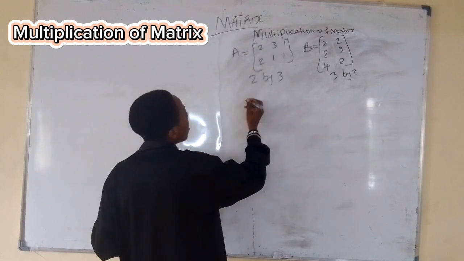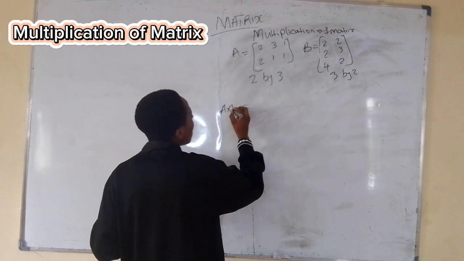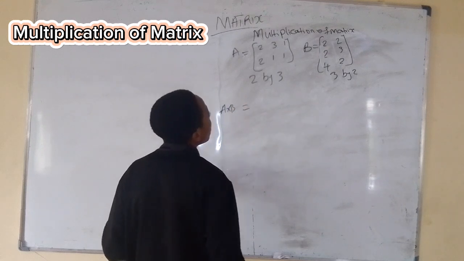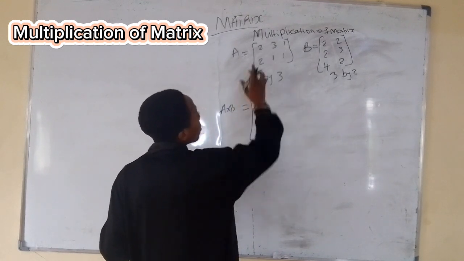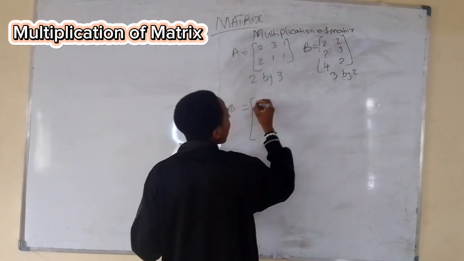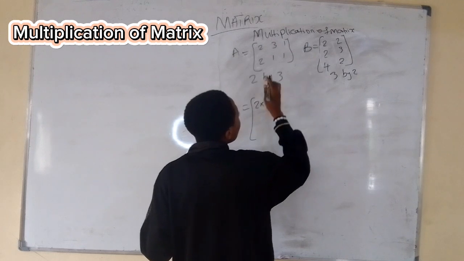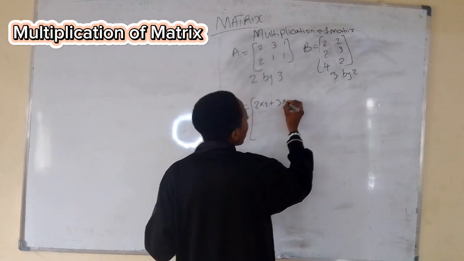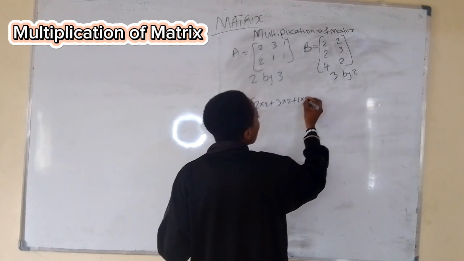So A times B will be equal to 2 times 2 plus 3 times 2 plus 1 times 4.